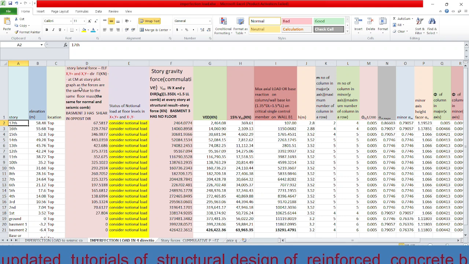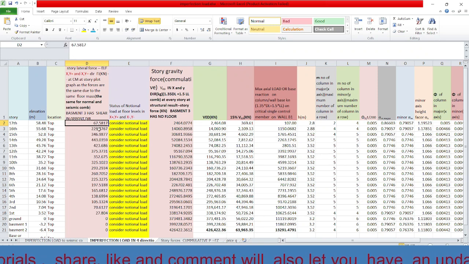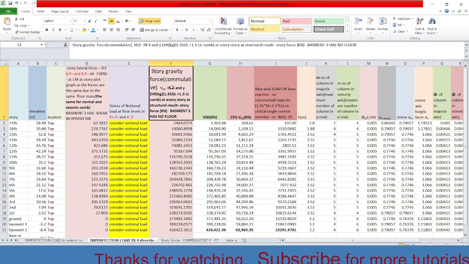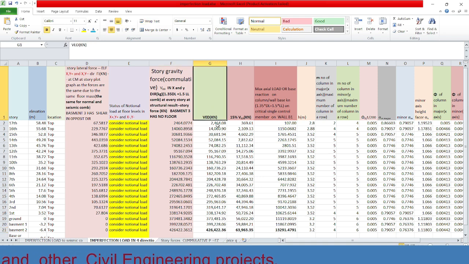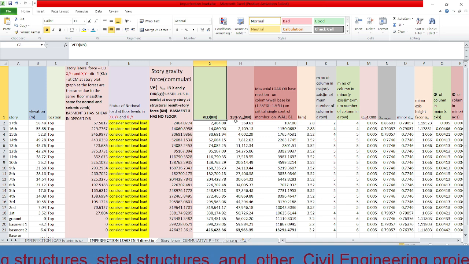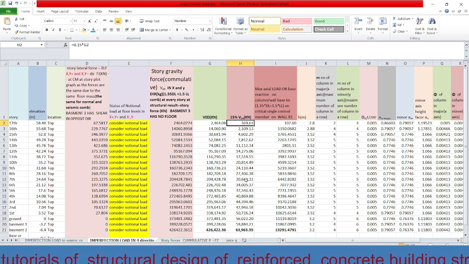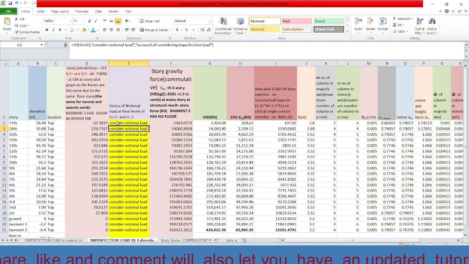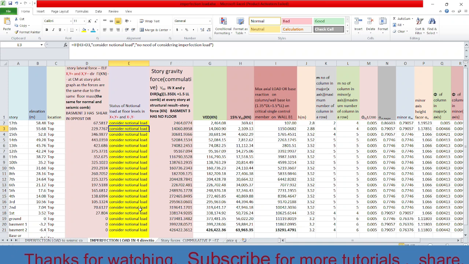This is the lateral force which is obtained from the static analysis for every story, and here I have the story gravity force which is obtained from ETABS. I can also calculate the 15% of the total gravity force of every story, just like this.